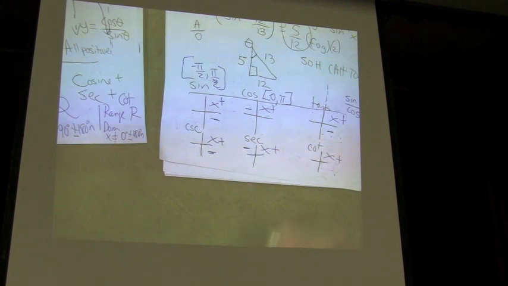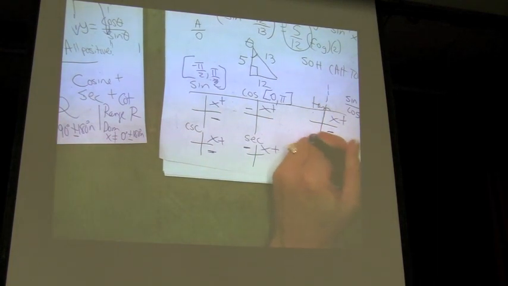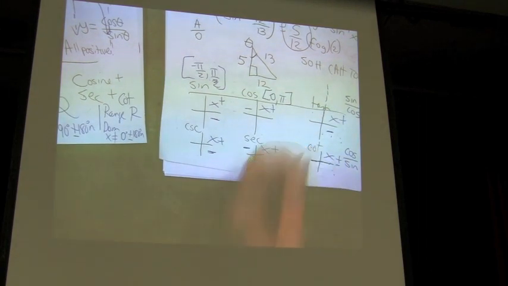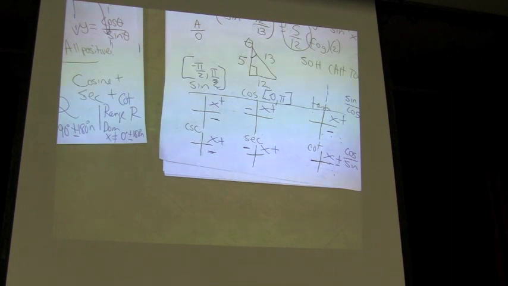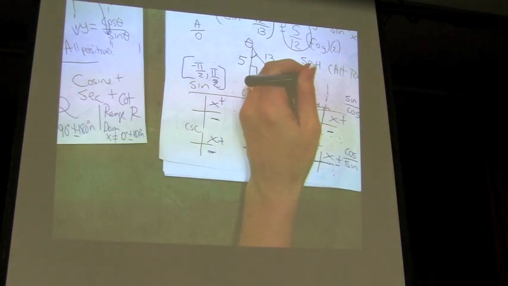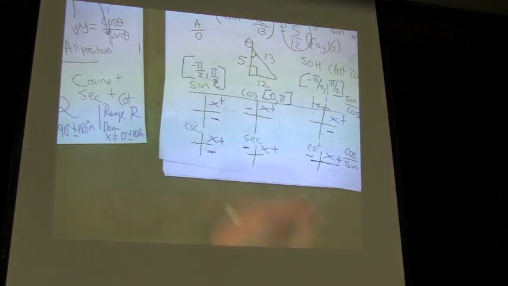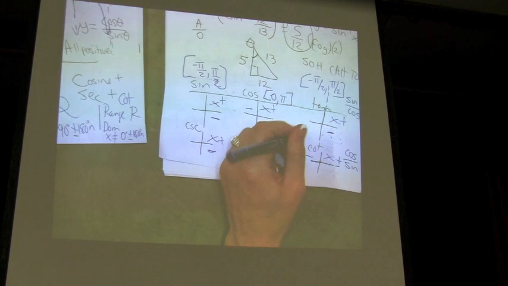On the other hand, cotangent's cosine over sine. Where's the asymptote? At 0. So which quadrant's the better quadrant? 2. Okay? So the principal branch for tangent is also negative pi over 2 to pi over 2. And for cotangent is 0 to pi.